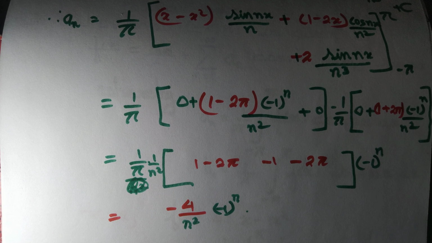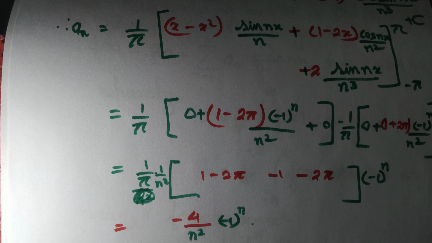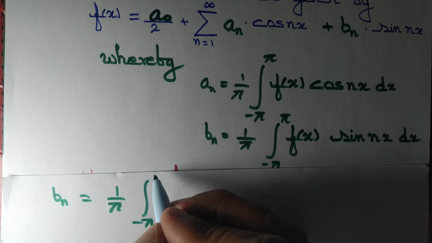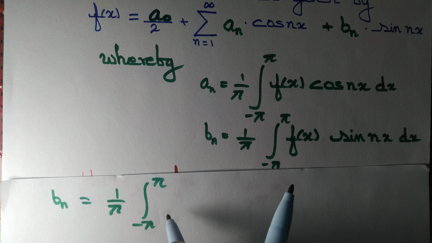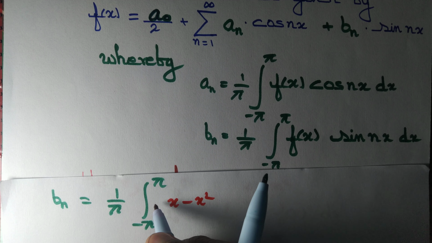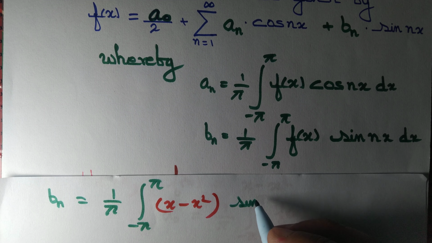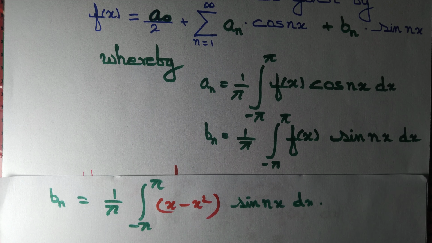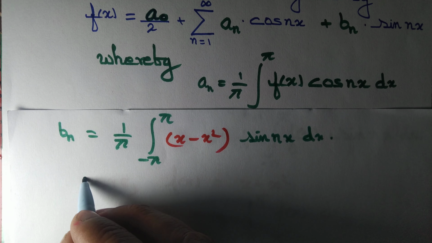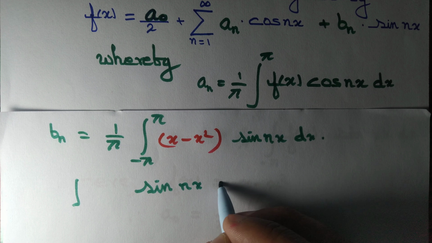Let us compute b_n. Again, b_n equals 1/π ∫ from −π to π f(x), f(x) is x − x², into sin nx dx. So let us compute the integral of (x − x²) sin nx dx by Bernoulli's theorem.